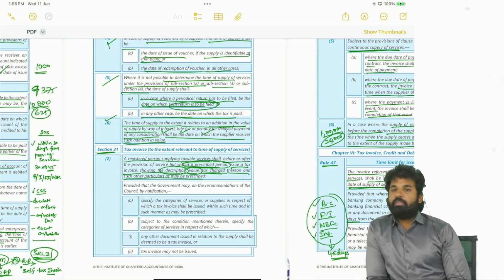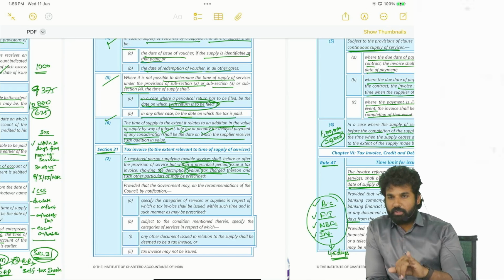What is the meaning of date of payment? Date of debit in the bank account of the recipient. Why debit? From the point of view of the recipient, because it is reverse charge mechanism. Date of debit or date of entry in the books of accounts, whichever is earlier. Correct?